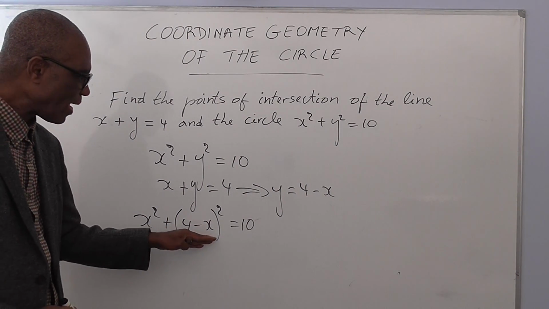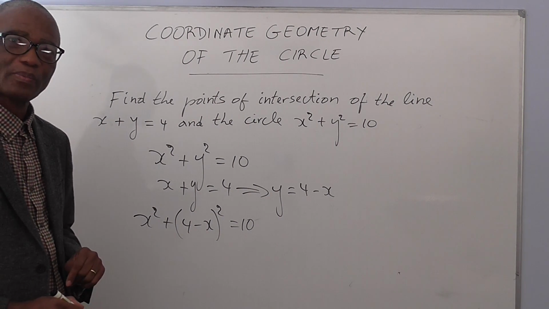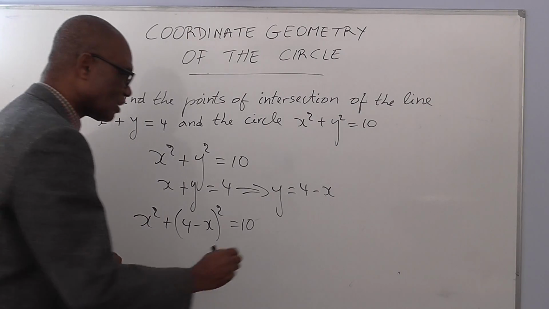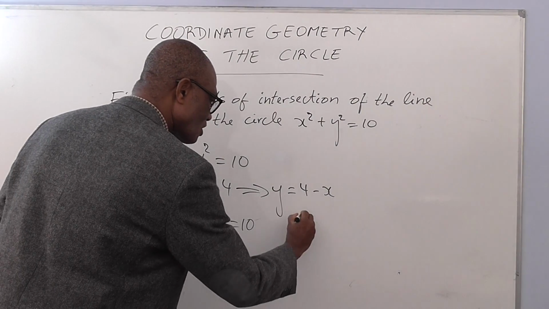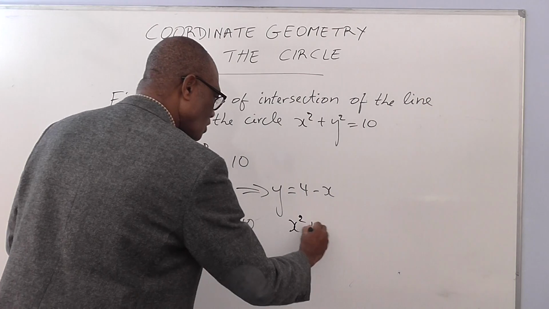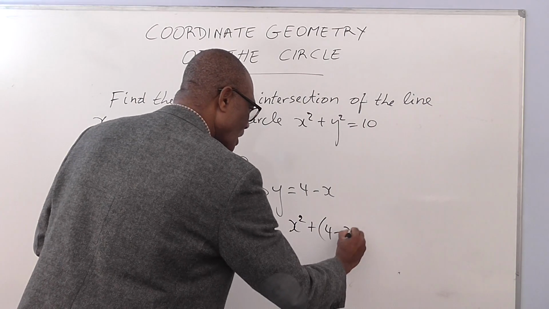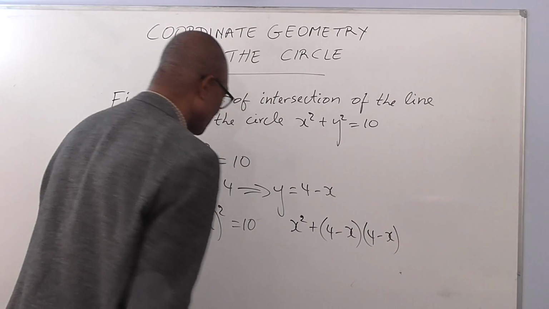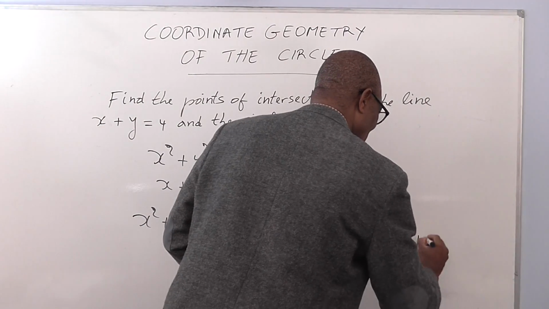Now we are going to expand this part. So we have x squared there. So x squared plus (4 minus x)(4 minus x) equals 10.